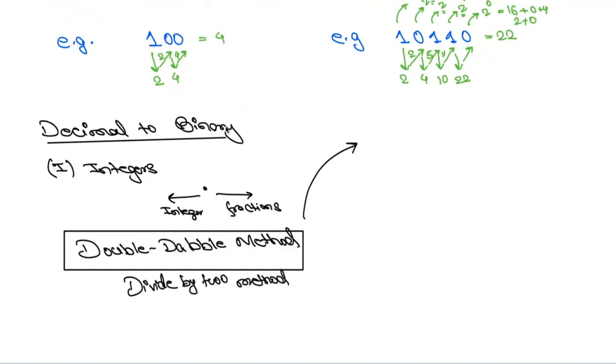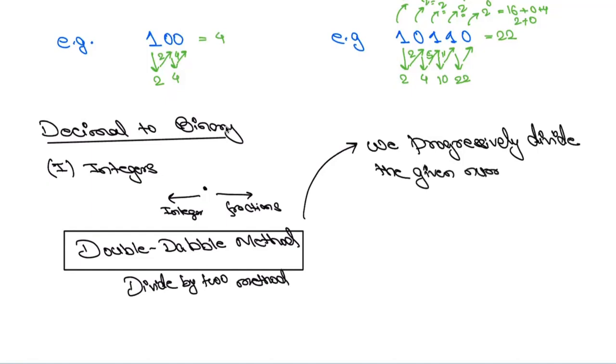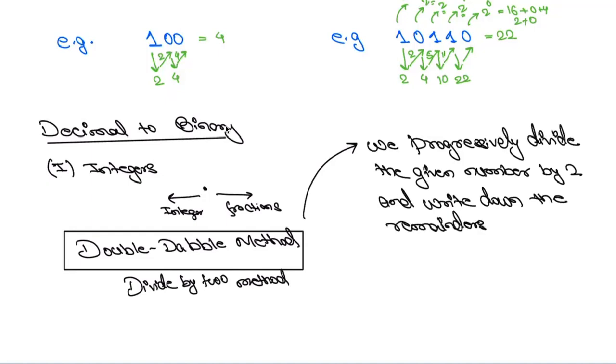Write down, in this method, we progressively divide the given number by 2 and write down the remainders after each division.